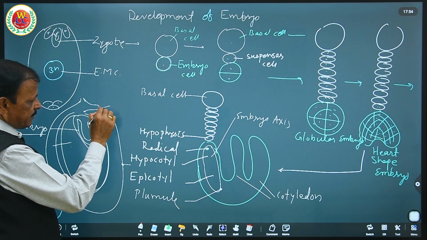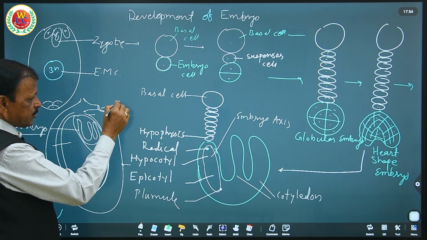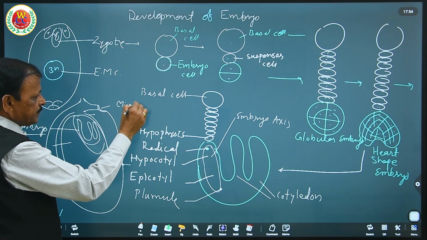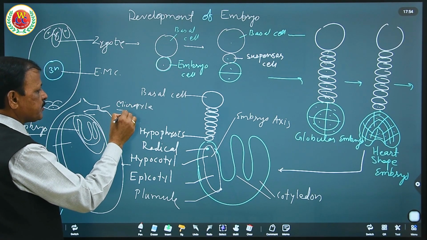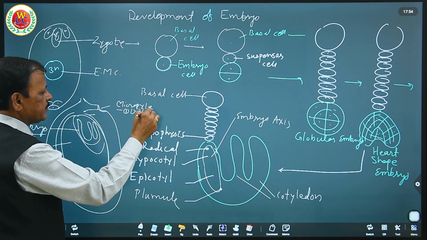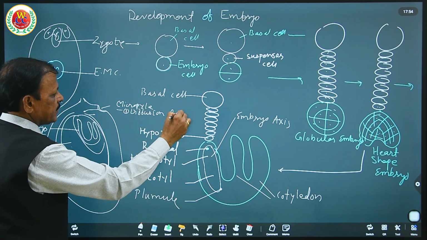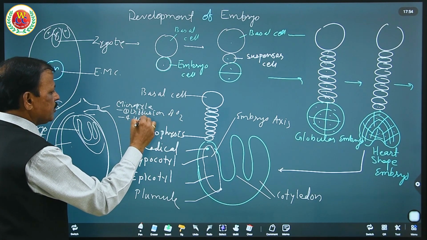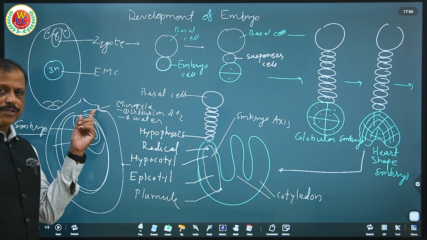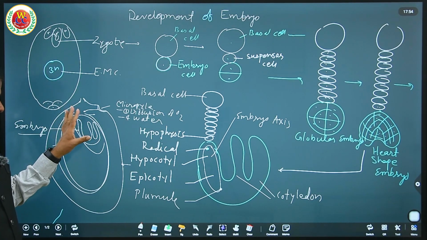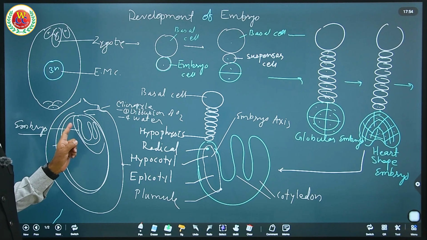So this is a place to open. This was the micropyle, that is to have the diffusion of oxygen and water during seed germination. So this knob is called hilum. Yes, this is a developed embryo with developed seed.